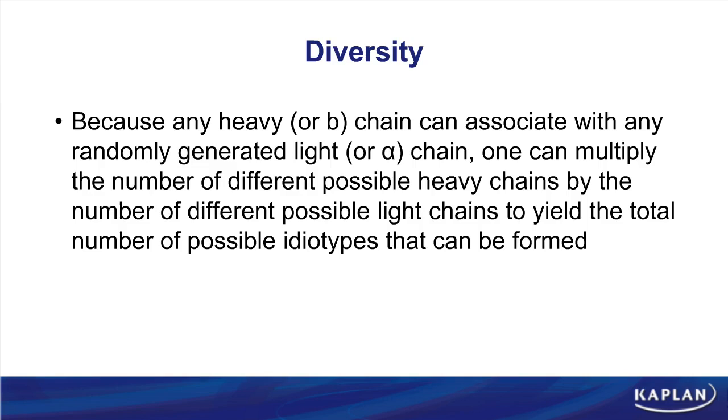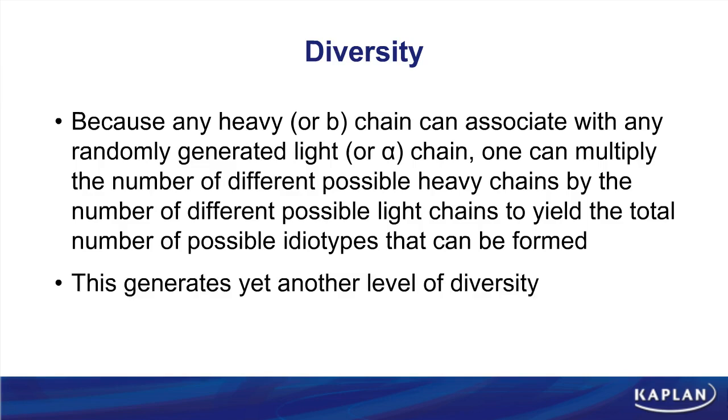But there are so many other layers and levels of diversity that help the immune system respond to all of the different things it can respond to. Another level of diversity here is that any heavy chain can associate with any light chain, okay? If we think about that, it means I can have the same heavy chain 10 times with different light chains, and that gives me different binding specificity.